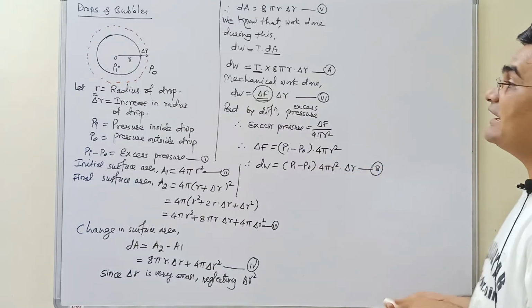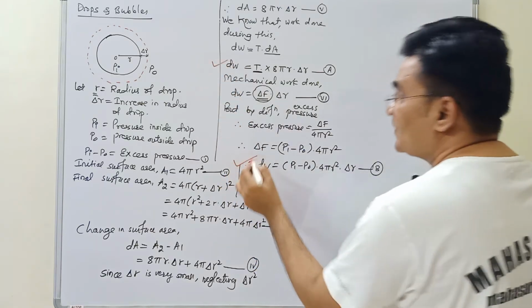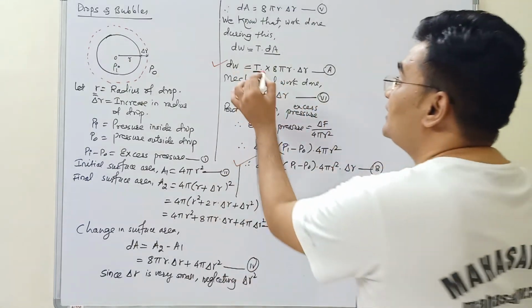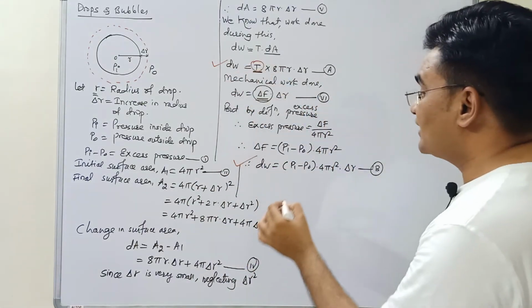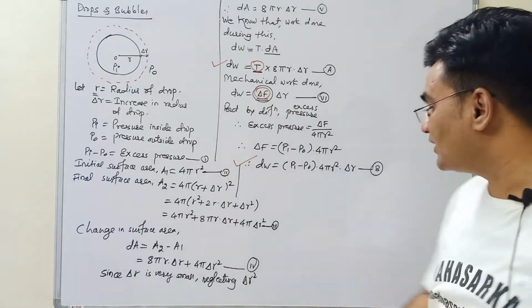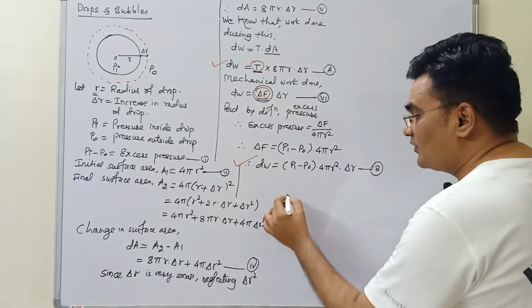See, equation A and equation B both represent work done. The first equation represents work done in terms of surface tension. The second equation represents work done in terms of the applied force, the mechanical work we have done. So both represent the same quantity, so we can equate them easily.